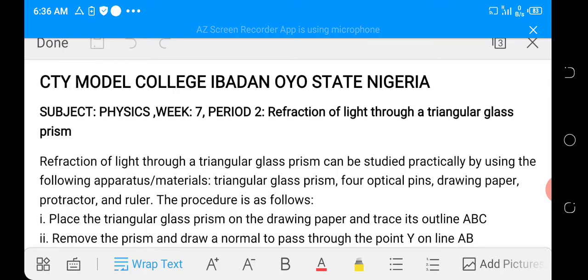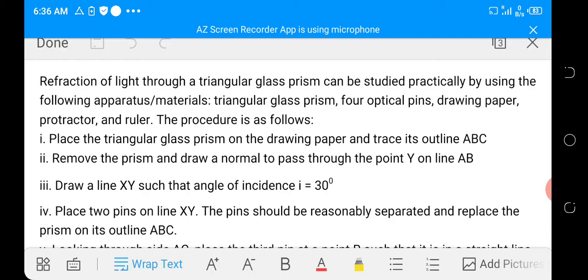So to study the refraction of light through a triangular glass prism, we will need the following apparatus: a triangular glass prism, 4 optical pins, drawing papers, a protractor, and a ruler. The procedure is as follows. 1.